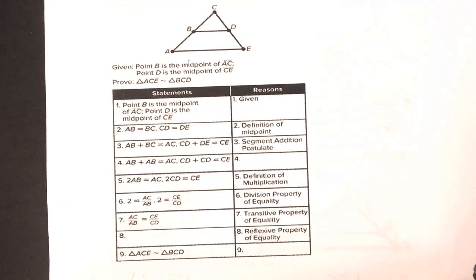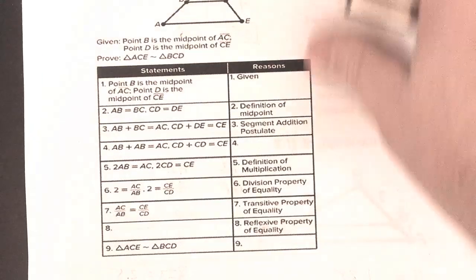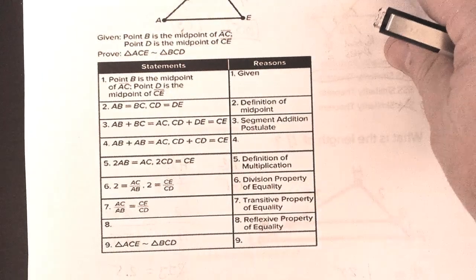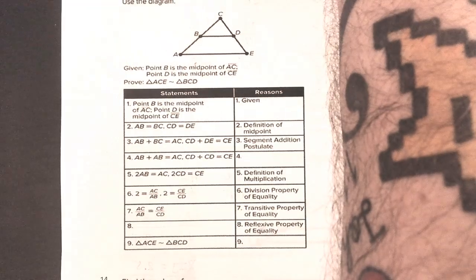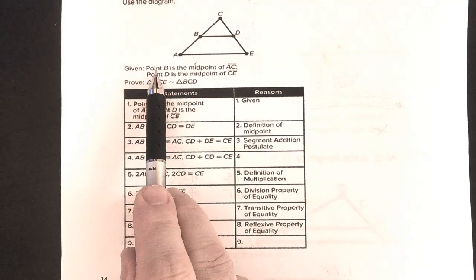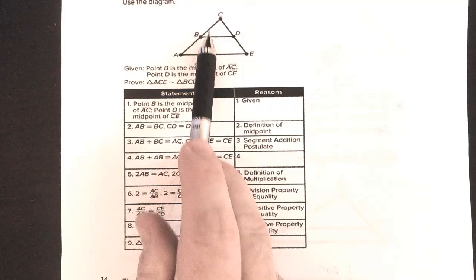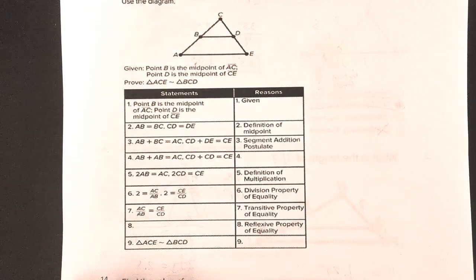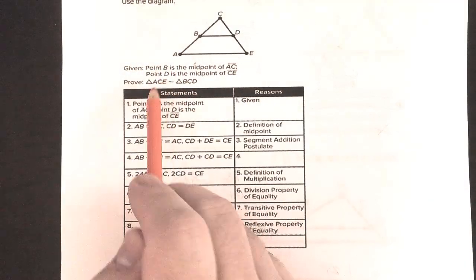All right, so now number 13. We're going to use the diagram. Let me back up one. Yeah, that's fine. So use the diagram given. Point B is the midpoint of AC. Before we even look here, I want you guys to get in the habit of writing what this tells you.